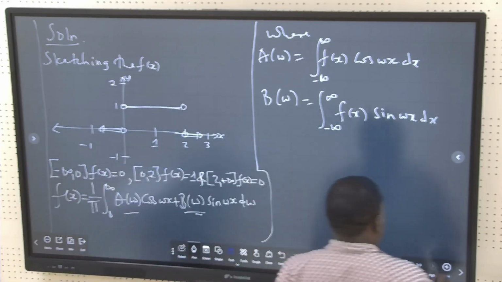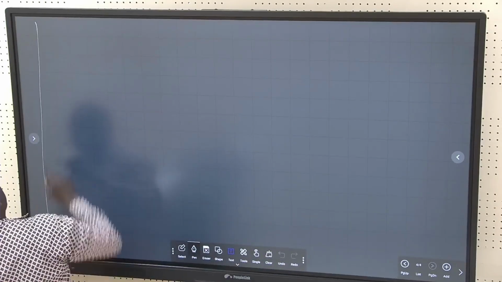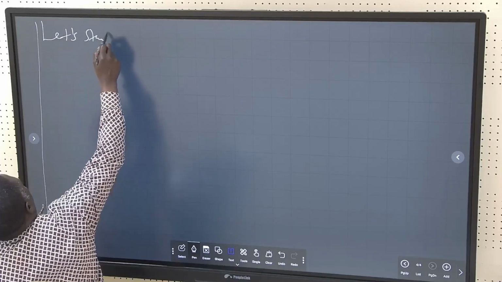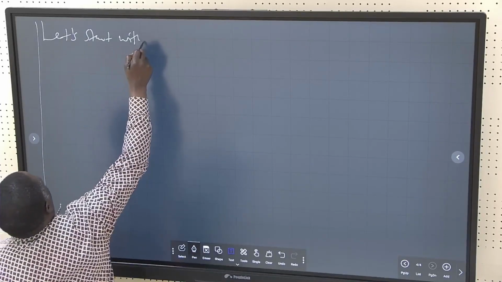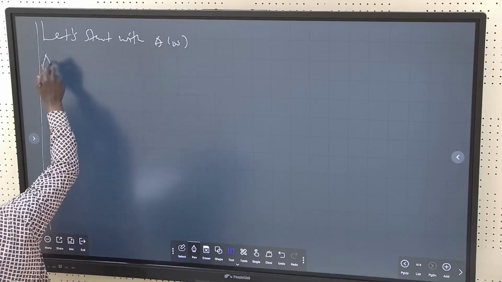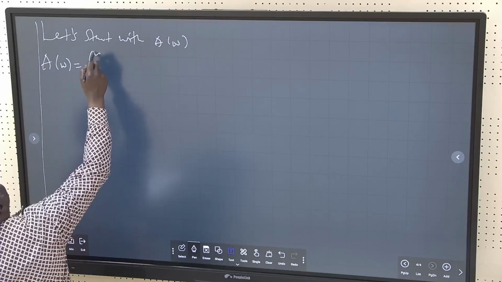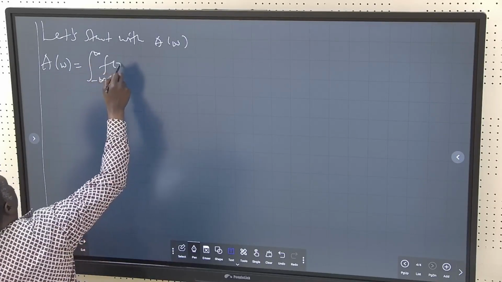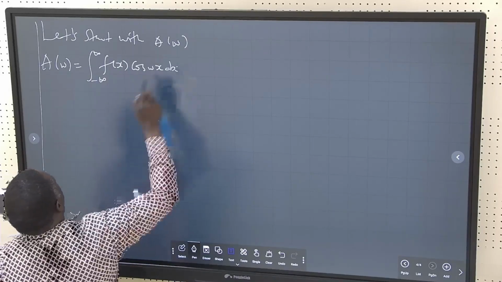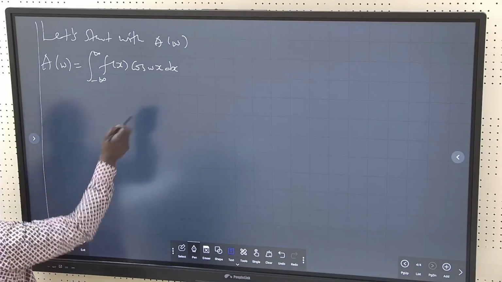So let's start with a omega. We say that a omega equals the integral from negative infinity to infinity of f of x cosine omega x with respect to x. So we can break this according to the intervals given.